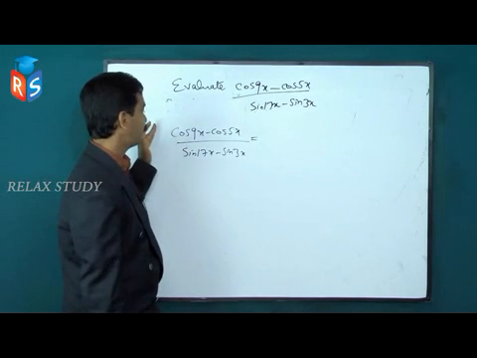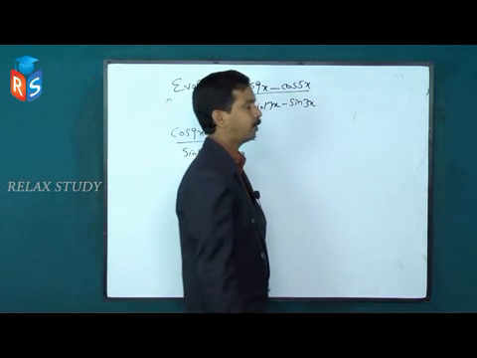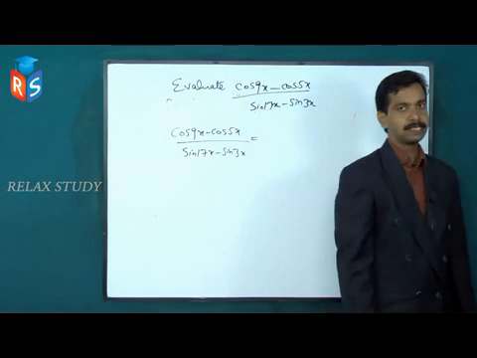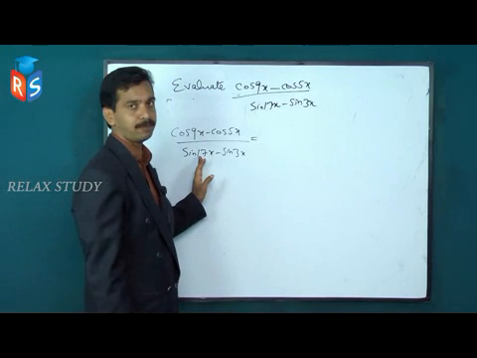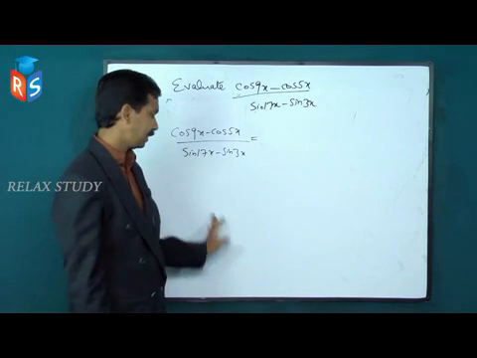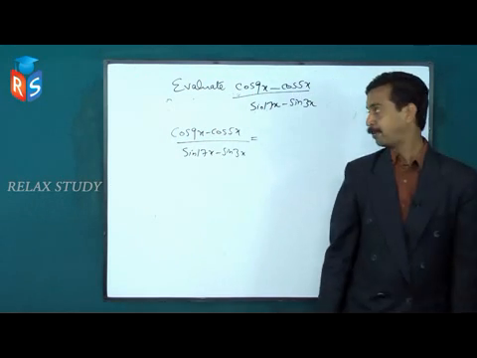The numerator is of the form cos c − cos d. cos c − cos d equals −2 sin((c + d)/2) sin((c − d)/2). And the denominator is of the form sin c − sin d. sin c − sin d equals 2 cos((c + d)/2) sin((c − d)/2).